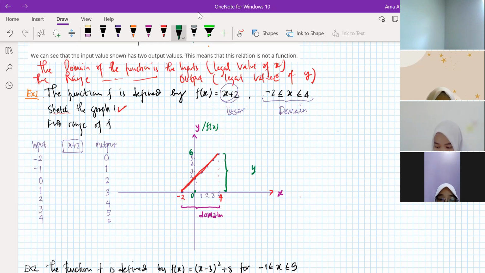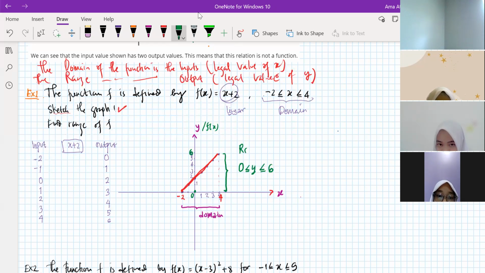I want you to look at the y, the vertical interval. Yes, y is the vertical interval. It is from 0 to 6. So which means y, look how I see the interval, y is bigger than or equal to 0, but less than or equal to 6.